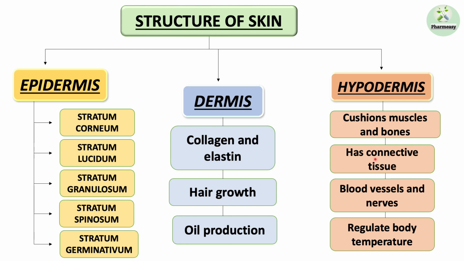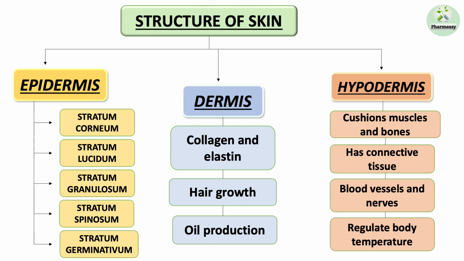It also has connective tissues that connect various layers of skin to muscles and bones. In the hypodermis area, blood vessels and nerves are also present, and due to presence of fat, it regulates the body temperature. Normal body temperature is approximately 37 degrees Celsius.